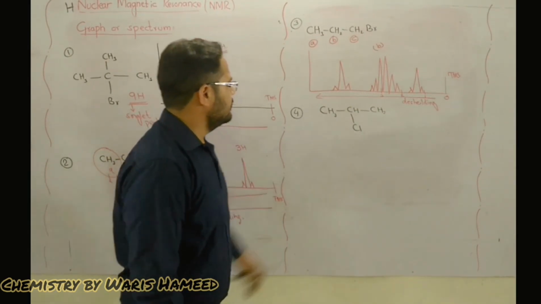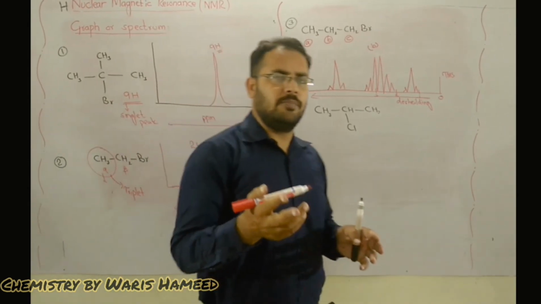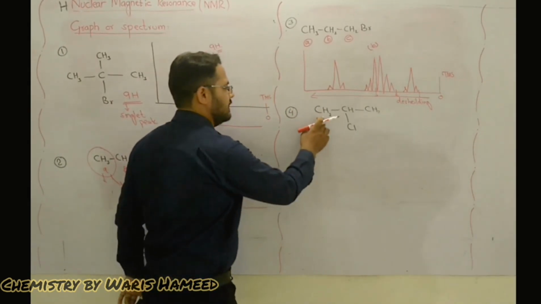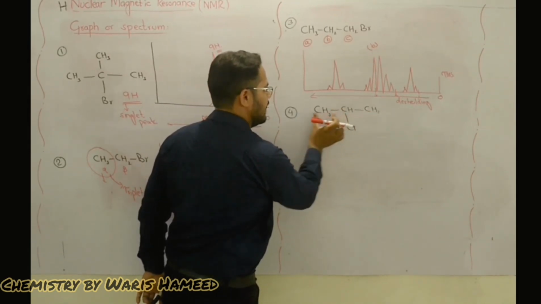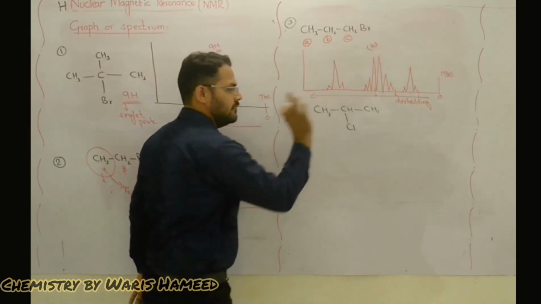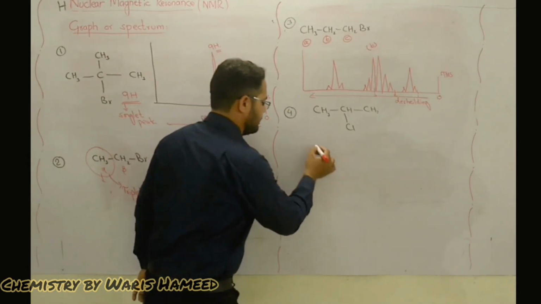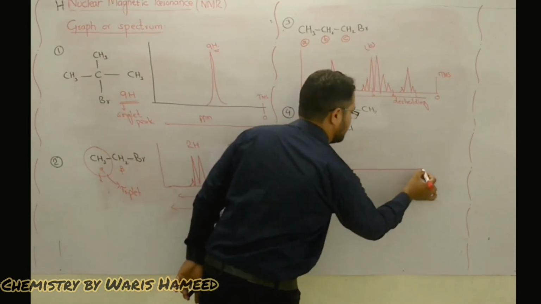In this case, there are 2 types of proton. First are CH3, which have a similar environment. So its graph will have 2 types of proton.